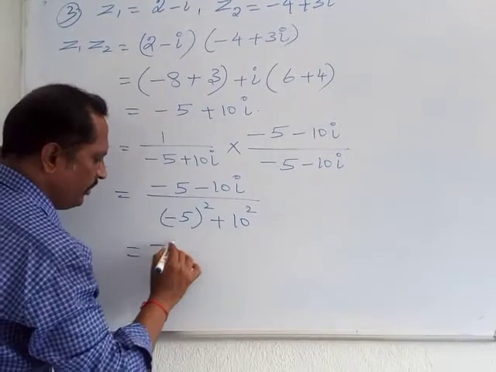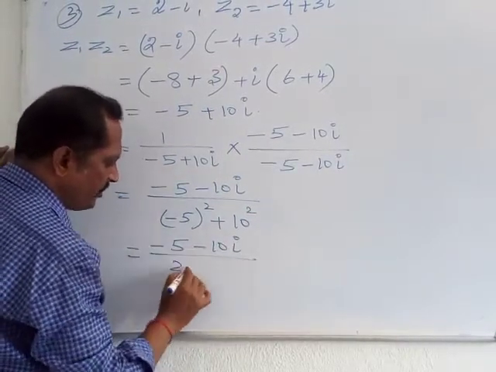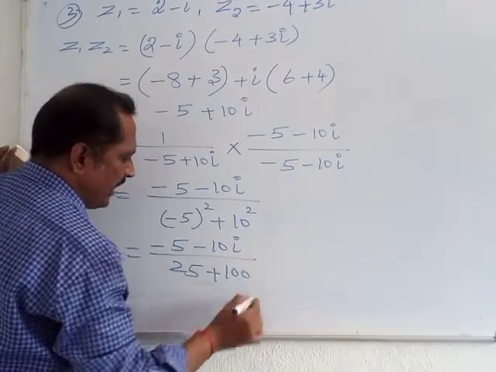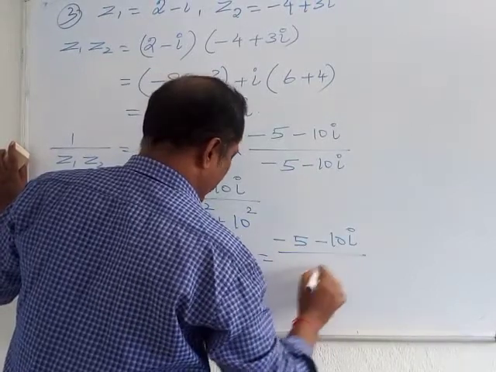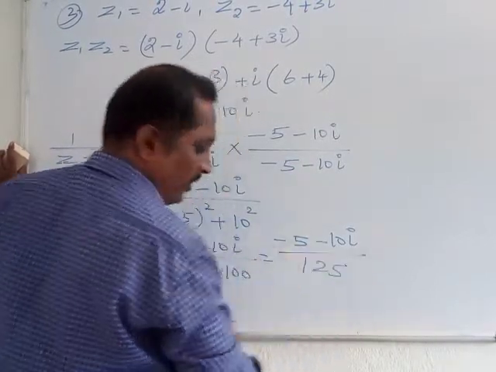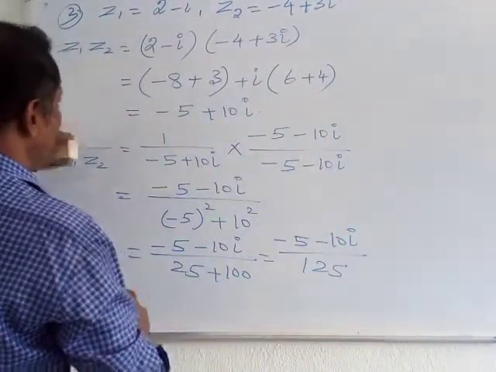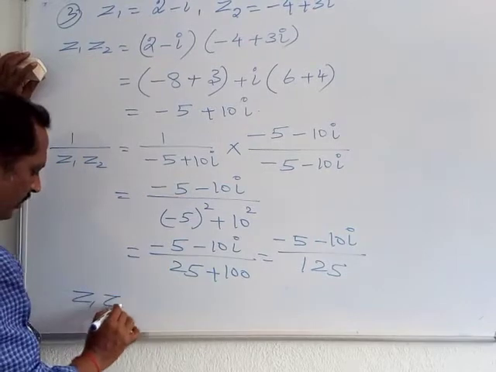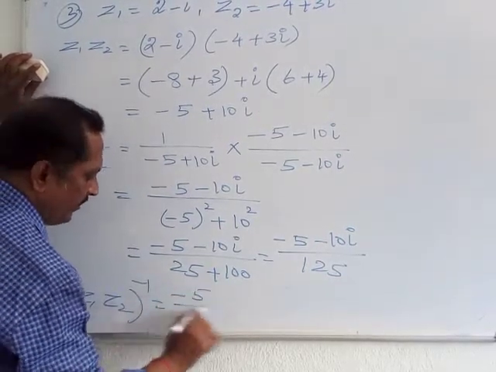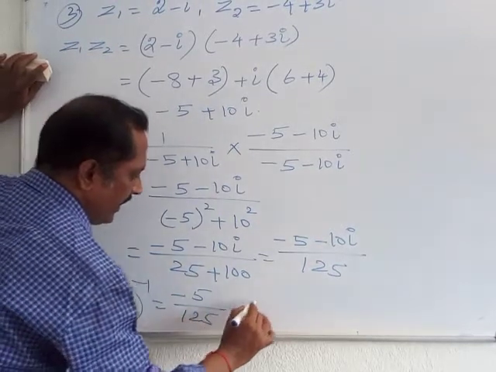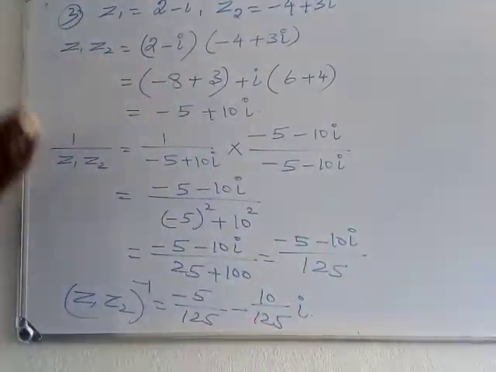So this is minus 5 minus 10i divided by 5 squared, which is 25, plus 10 squared, which is 100. So this is minus 5 minus 10i divided by 125. So the inverse of z1 into z2 is equal to minus 5 by 125 minus 10 by 125 i. That is written in rectangular form.